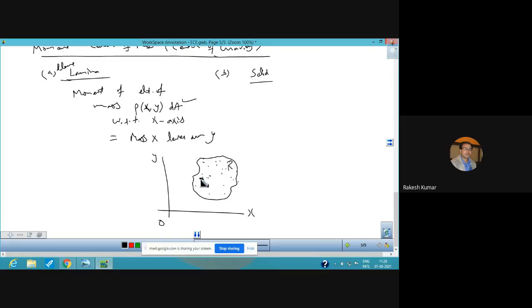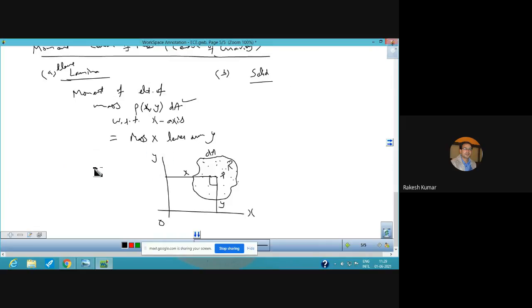So this is R, and we are taking a point P, and P is meeting the x-axis, and this is y, and similarly this is intersecting the y-axis, and this is x. So we can say that this is dA. So the moment is mass into lever arm y.